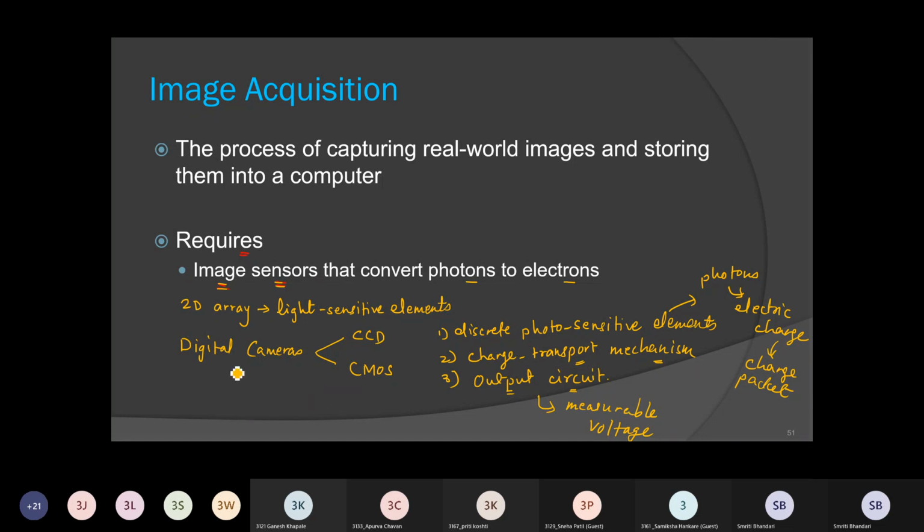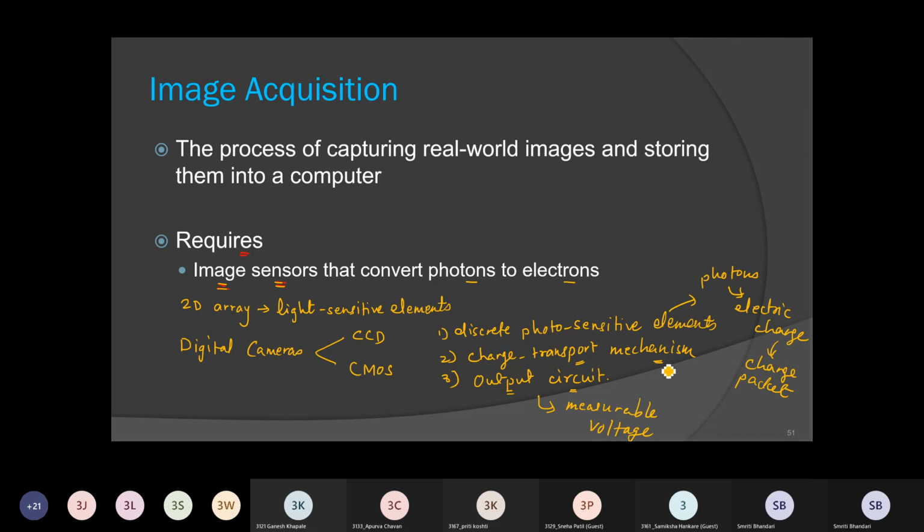So digital cameras involve some sensors, typically CCD or CMOS sensors. These sensors consist of discrete photosensitive elements. Those photosensitive elements accept the photons, and these photons are converted into electric charge. Further, these sensors also have a charge transport mechanism.